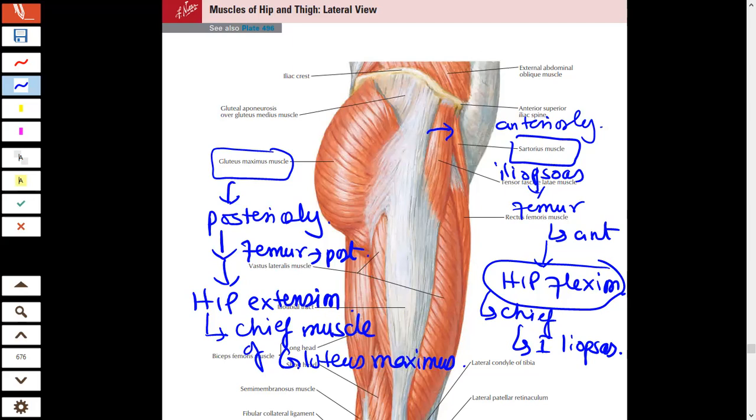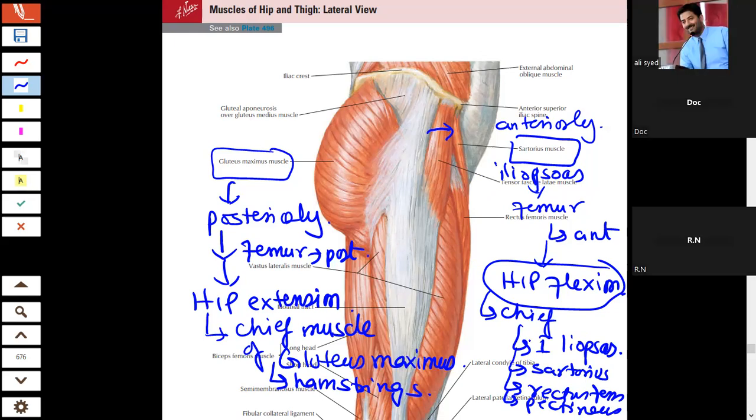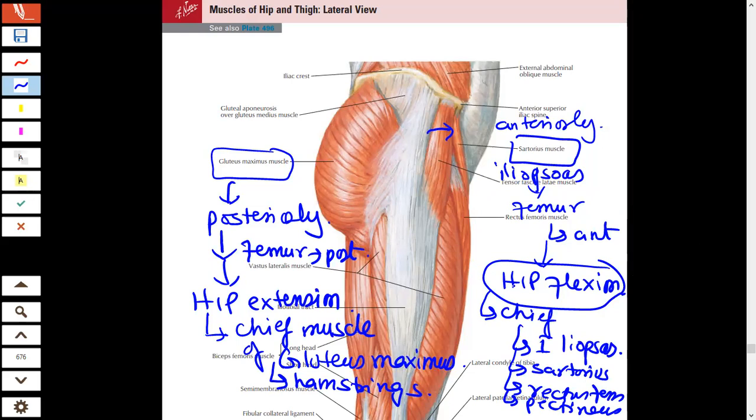So along with gluteus maximus, your hamstring muscles are going to help you in hip extension. In hip flexion, along with iliopsoas muscle, sartorius muscle, rectus femoris, and your pectineus muscle, which are present here anteriorly, जो मैंने आपको अभी डायग्राम में दिखाया था, they are your chief muscles of hip flexion. Clear to everyone?